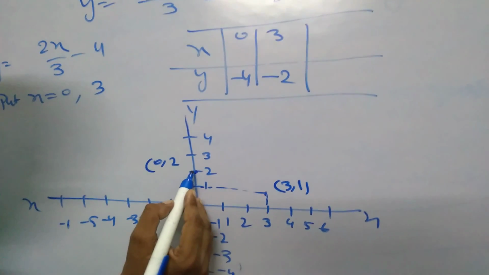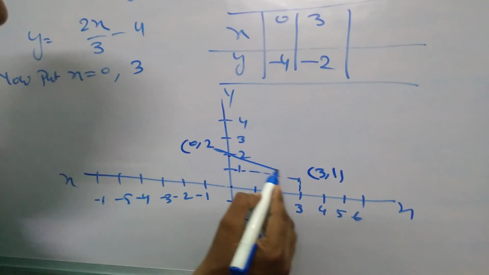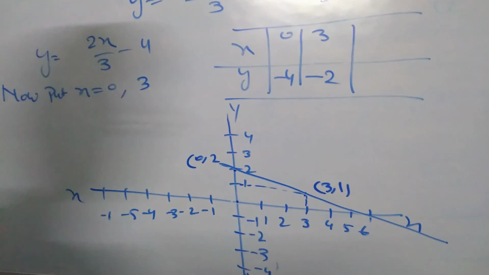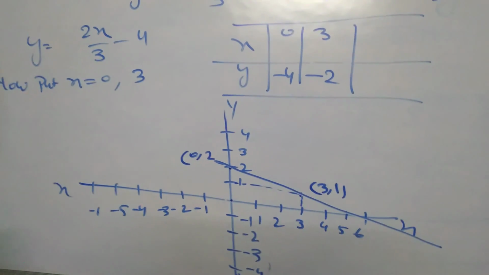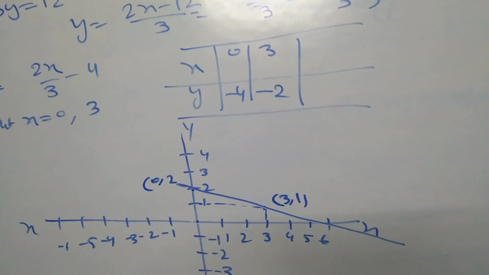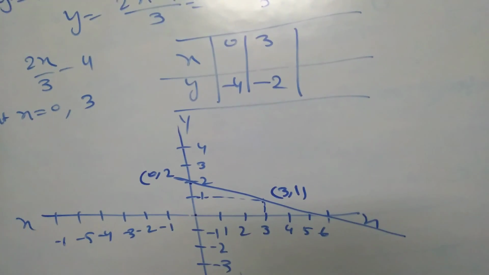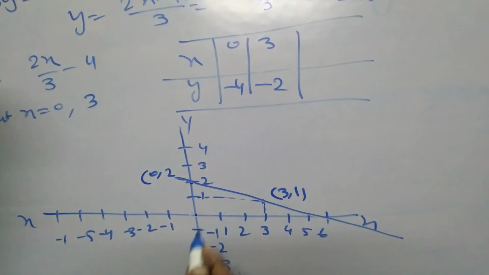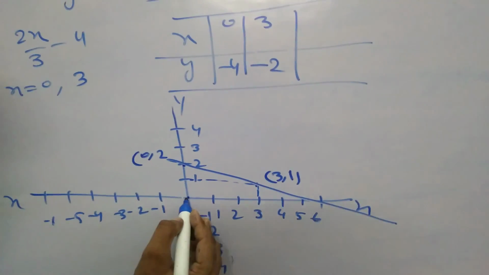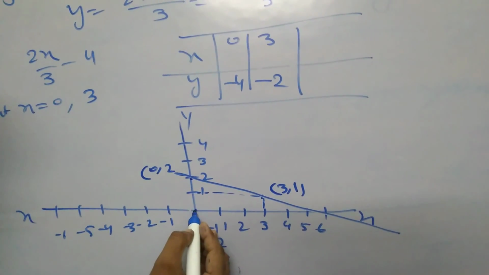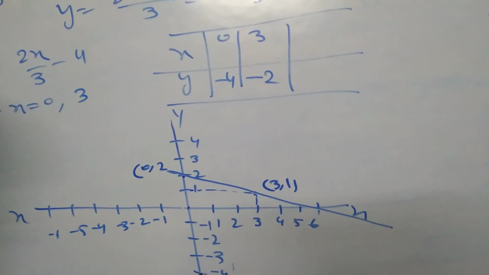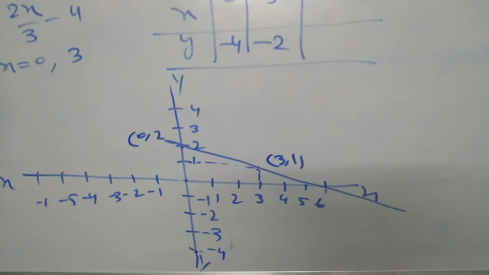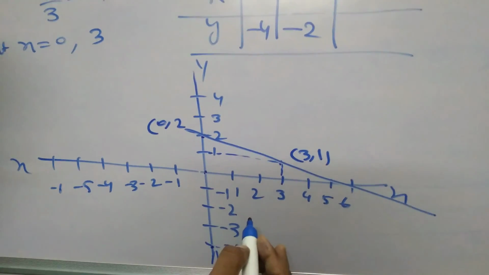Now join these points. Similarly, we put x equal to 0, y is minus 4, and at 3, minus 2.